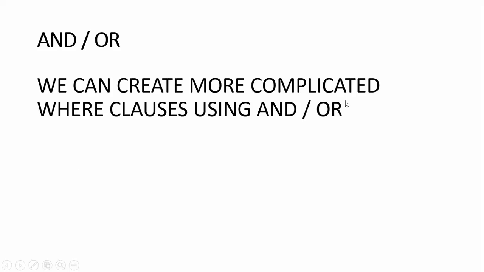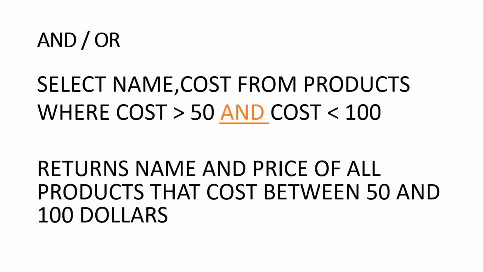And an or. So what if we want to make a compound expression in our where clause? Maybe we want all the products between $50 and $100. Find me the name and cost of everything in the products table where the value of the cost field is greater than or equal to 50 and less than 100.